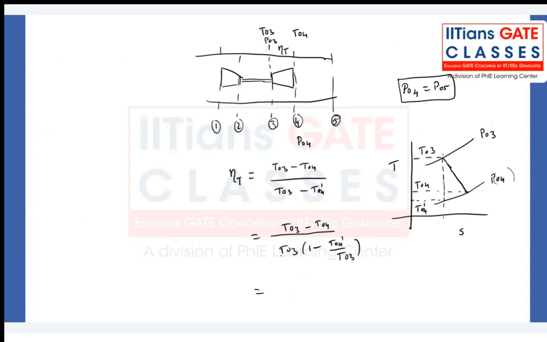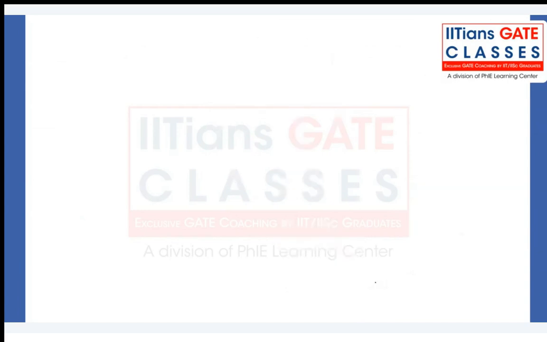So (T03 minus T04) divided by T03 times (1 minus T04 dash by T03) can be written as (P04 by P03) to the power of (gamma minus 1) by gamma. Now all I have to calculate is P04. Let us rewrite this equation in terms of that ratio.